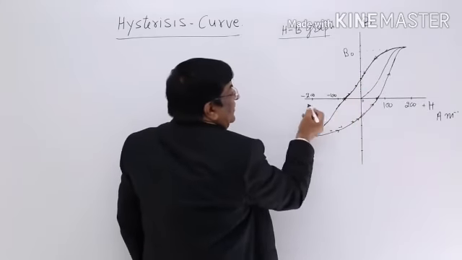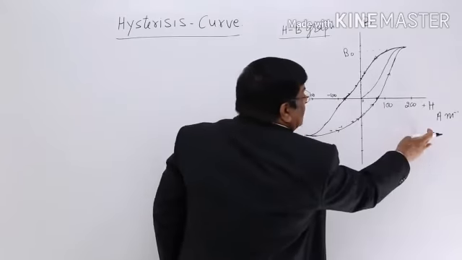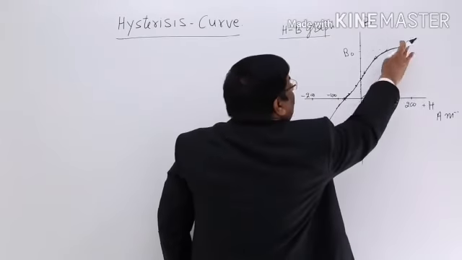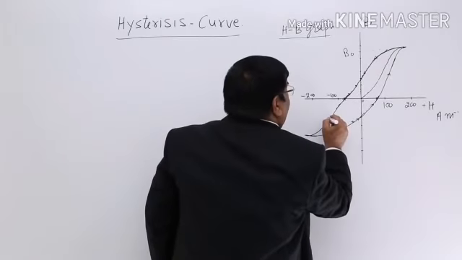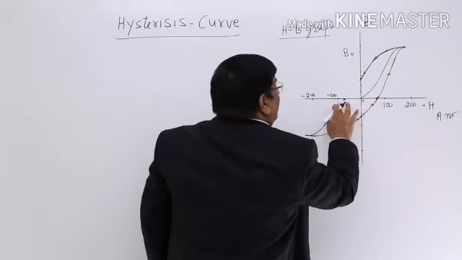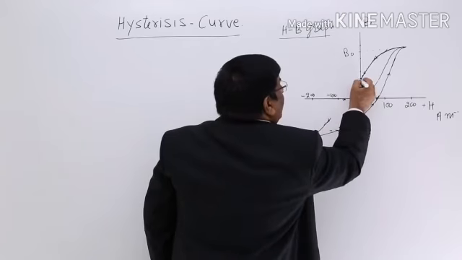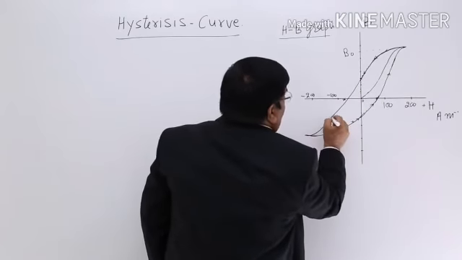Then H goes to the negative side, then B goes on the negative side. Again H goes on the positive side, B follows this route. So this is the route made by this oscillating H and oscillating B. You can make it a smooth curve like this.